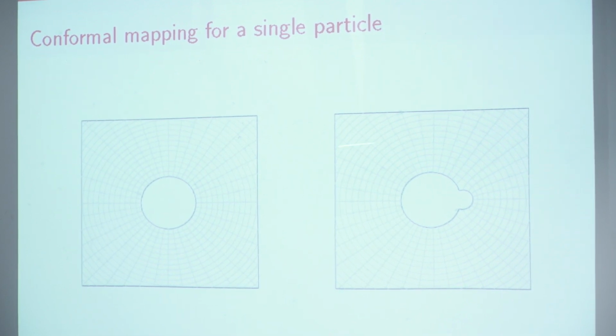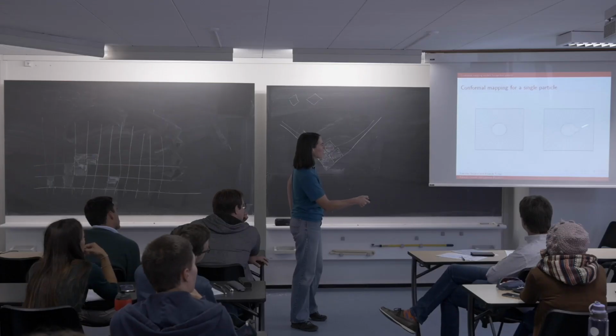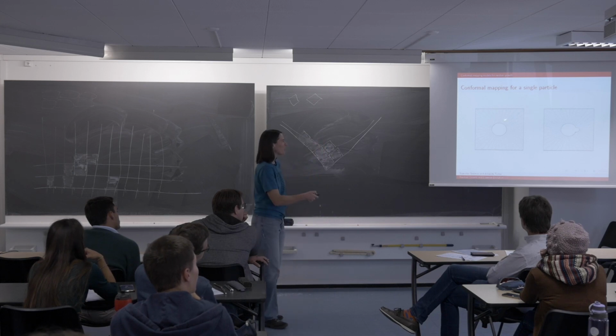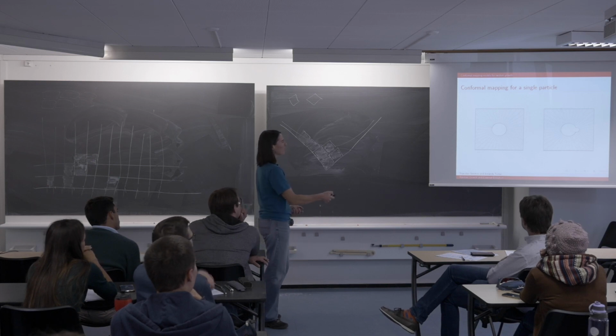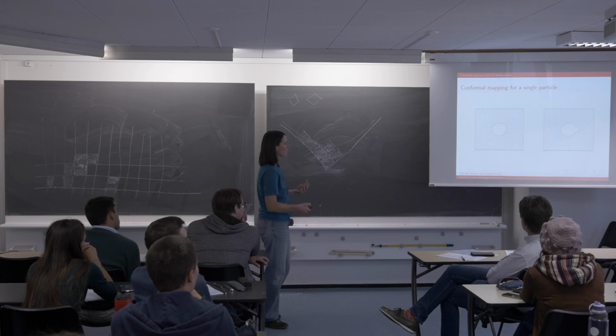And you can see it's a conformal mapping. All of these rays intersected at right angles, and in this image map, they're still intersecting at right angles, despite this distortion that we've got over there. So we have a conformal mapping from this picture to this picture, and this conformal mapping, in some sense, represents the single particle. So instead of studying a particle, we can study a conformal mapping.